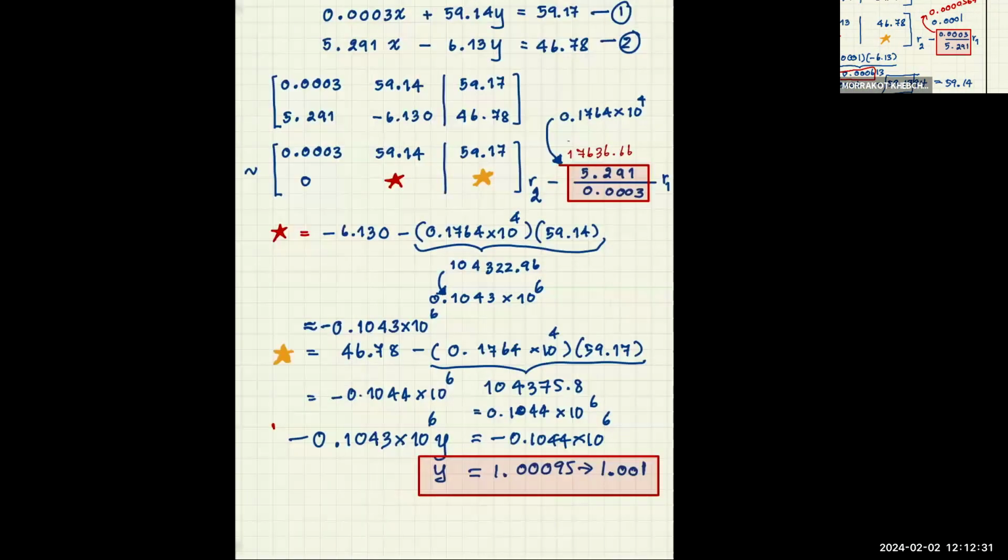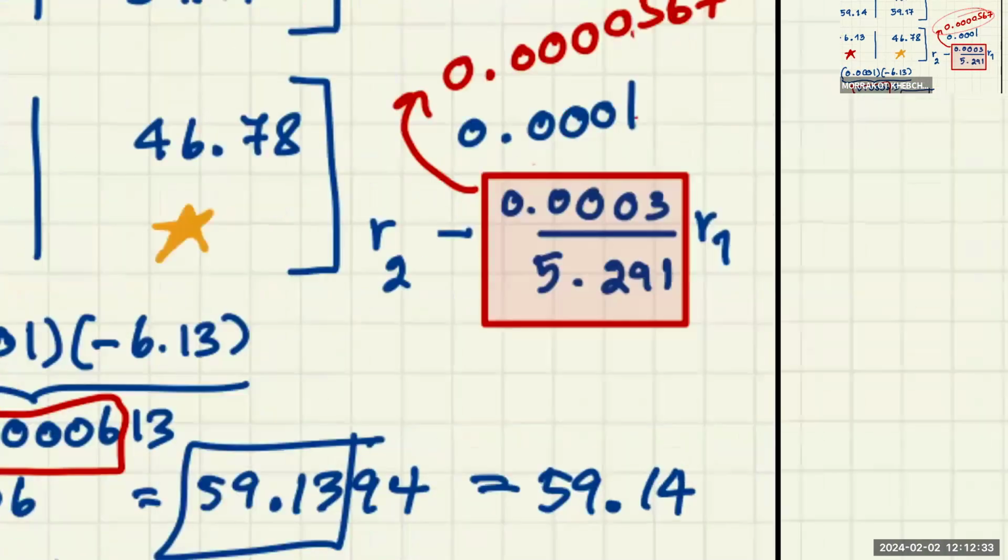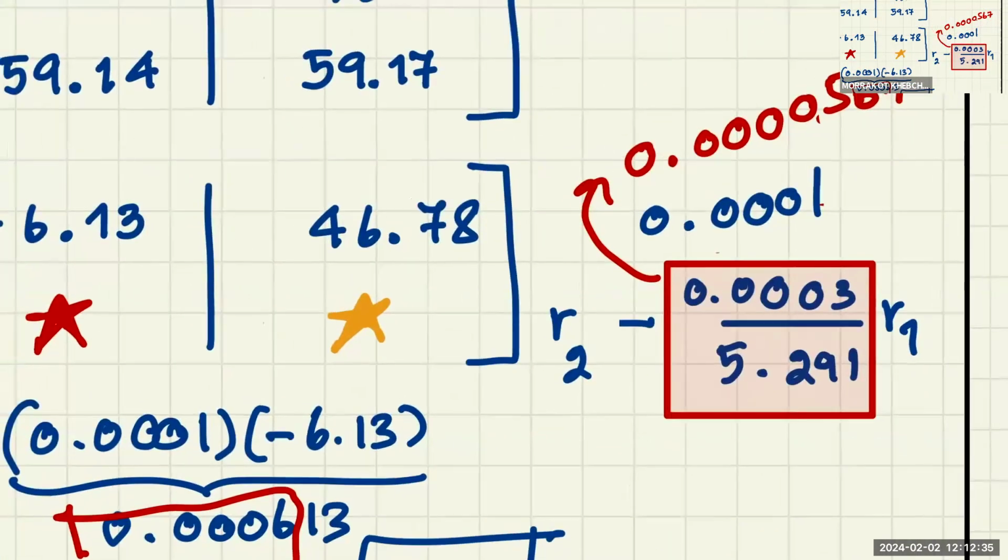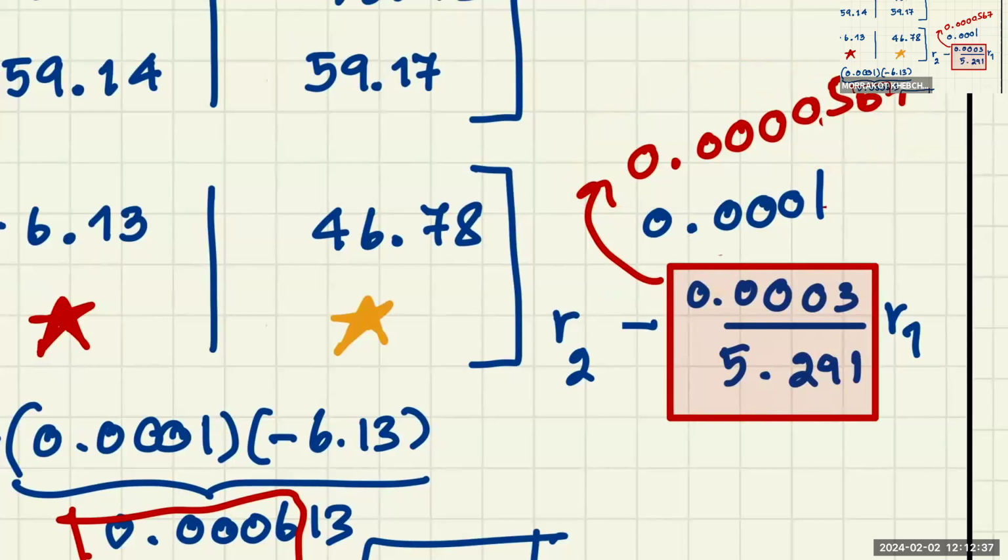But here, the multiplier is small. You have the error, and then you multiply by something less than 1. So this is called the multiplier, which you want to be less than 1. Okay.